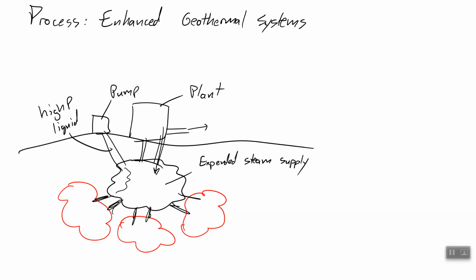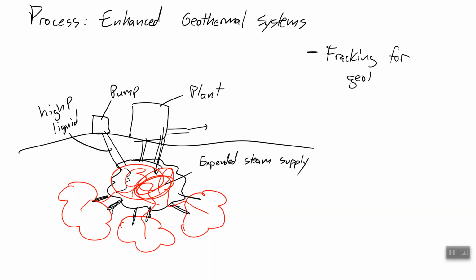And once we've created a fissure, steam is once again allowed to enter, fill this area, and we can once again run our cycle. So this really is fracking for geothermal. And it's still being developed, not used too often, but I'm sure it will be as we kind of begin expending various resources. All right, that's the technology that we use for high temperature electricity generation of geothermal resources.